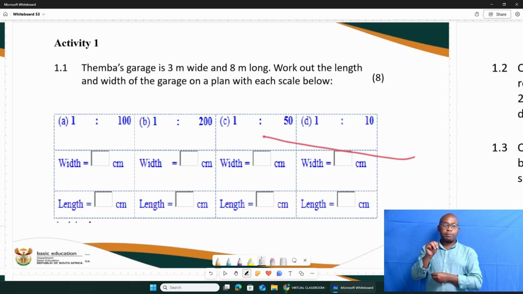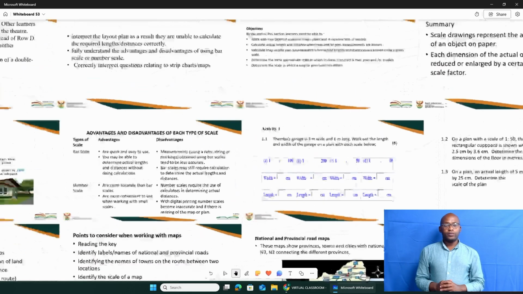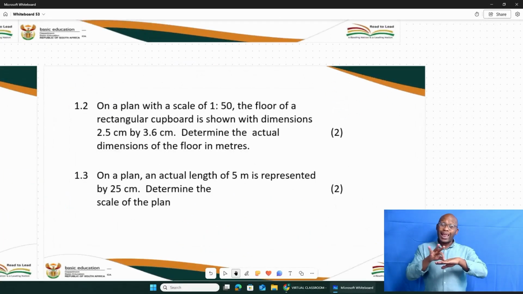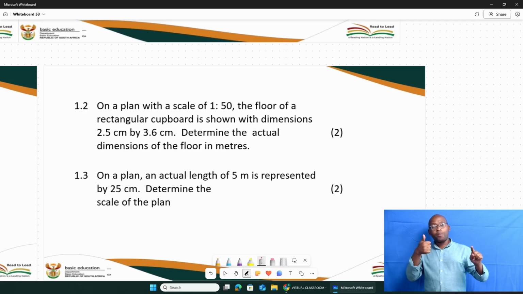Coming up to another one. On a plan with a scale of 1:50, the floor of a rectangular cardboard is shown with a dimension of 2,5 centimeters by 3,6 centimeters. I also have to put emphasis on this, viewers.